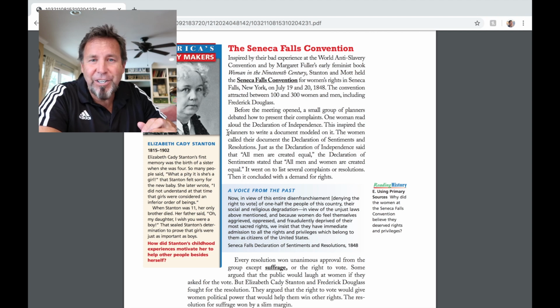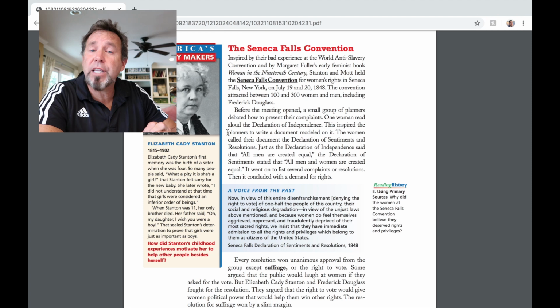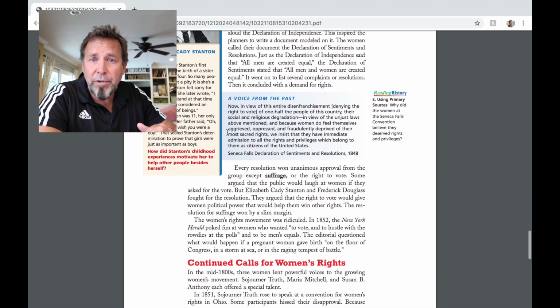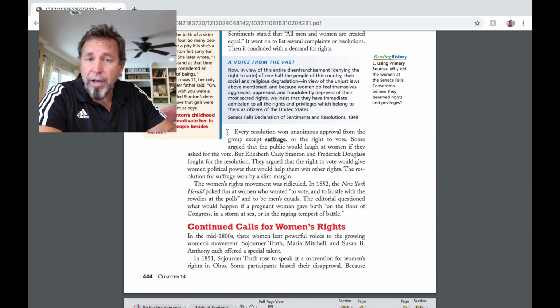So it's a very interesting document, and I challenge you, those of you that maybe have a special interest in learning about some of these female reformers who fought for women's rights, check out the Declaration of Sentiments. They didn't call it the Declaration of Independence. They called it the Declaration of Sentiments. And it's a very interesting document that shows what women were fighting for.